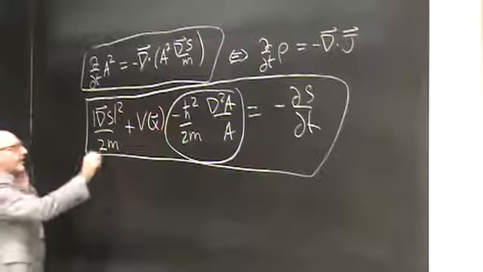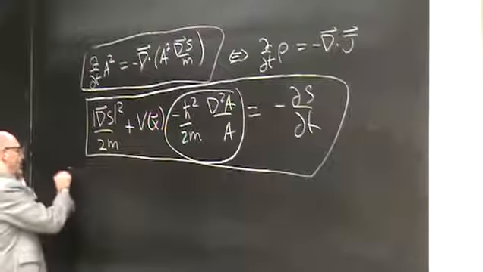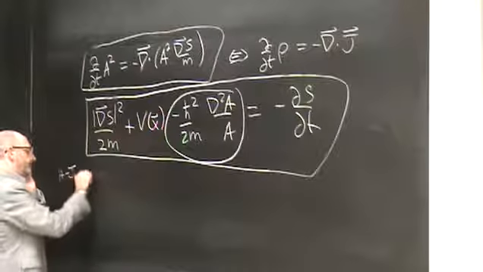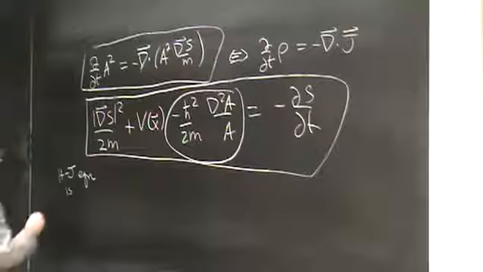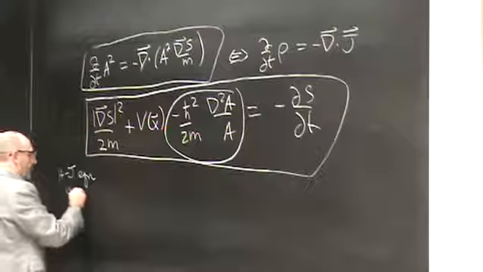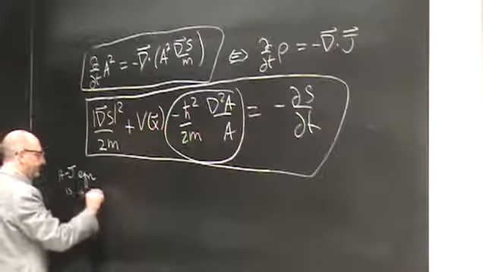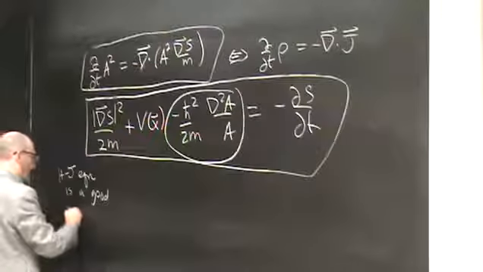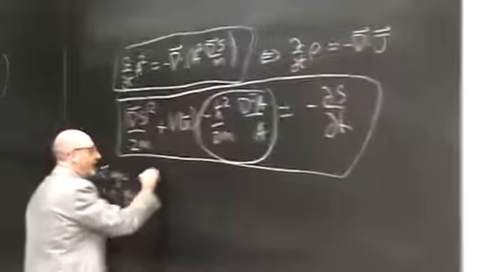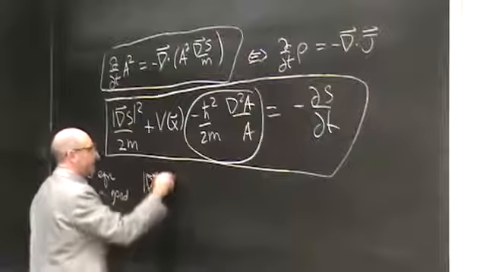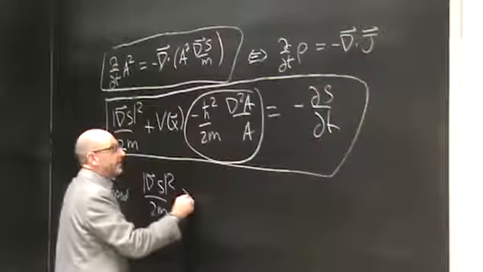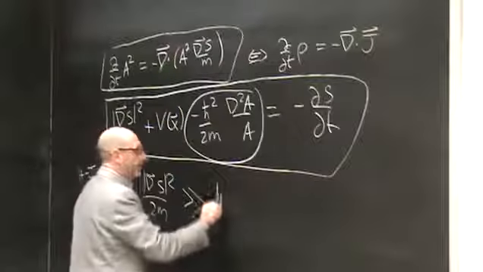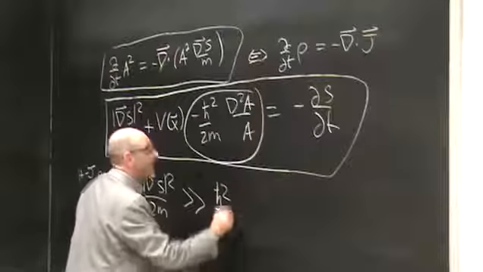So the Hamilton-Jacobi equation is a good approximation, for example, when this is much, much bigger than this.